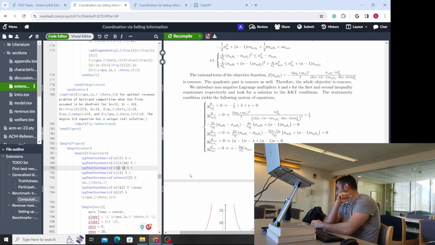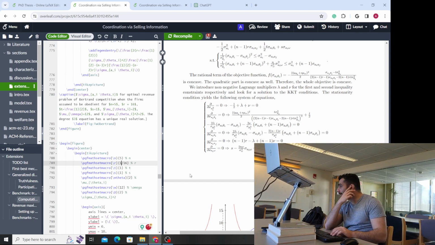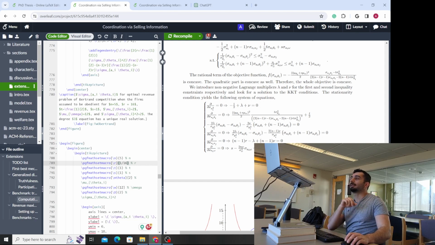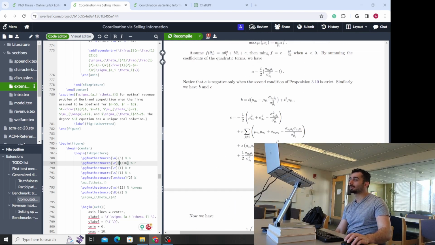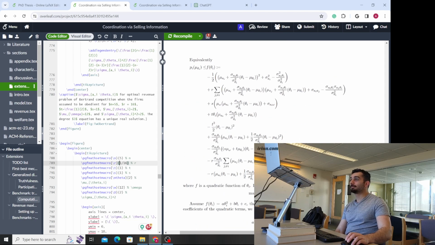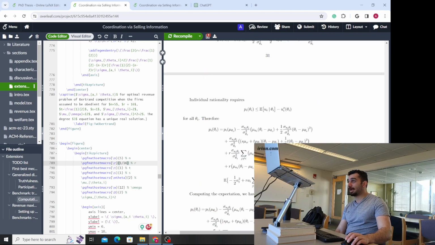So we want a situation where R is negative, T stays positive. I think R should be, what is the interval allowed for R? I think -1/2 works, but let's make sure of this fact.